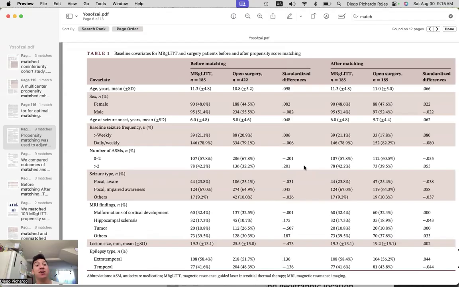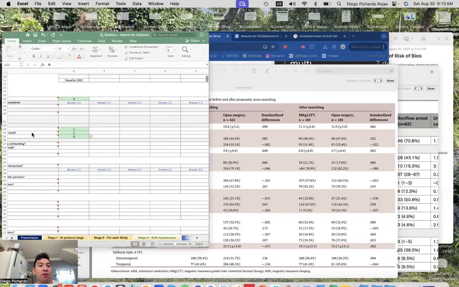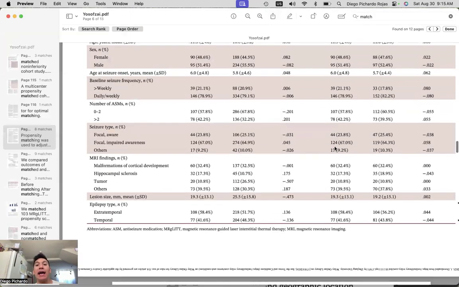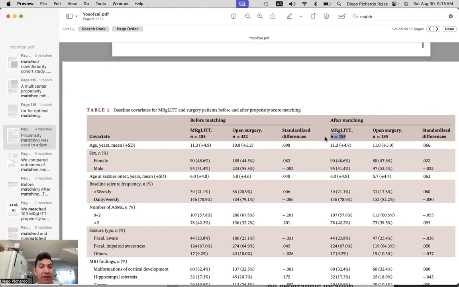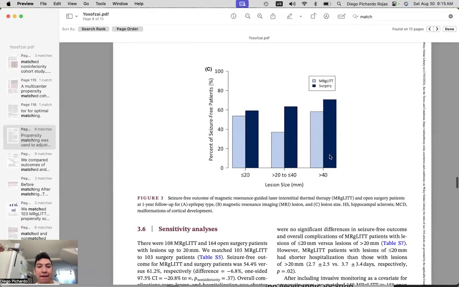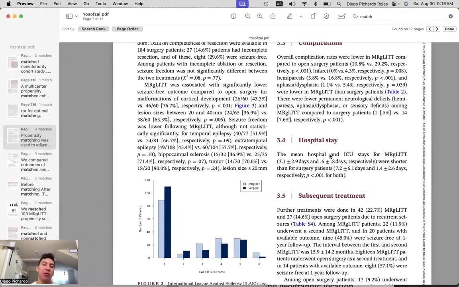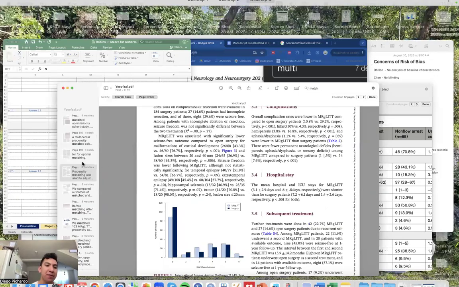That would be pretty bad because they're hiding data. So we're going to put no because they didn't remove any patients. 185 were analyzed, and 185 underwent outcome reporting. That was pretty good.